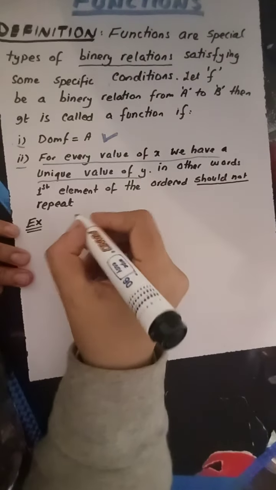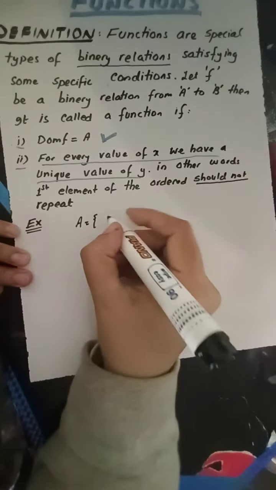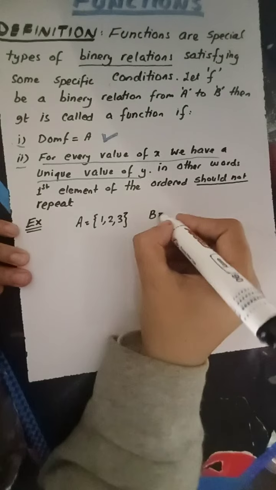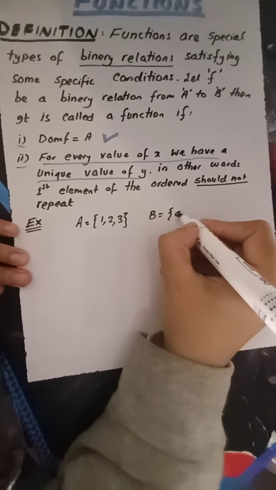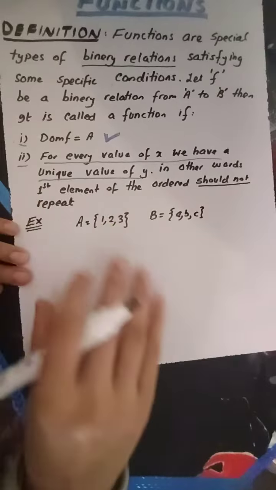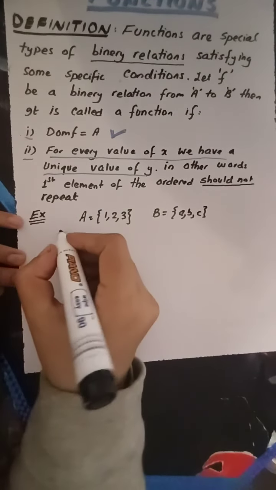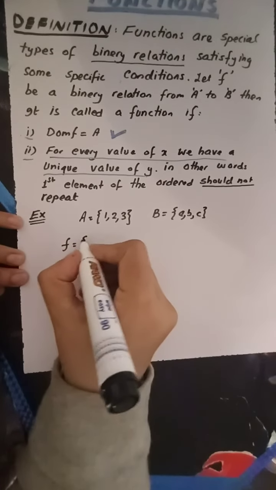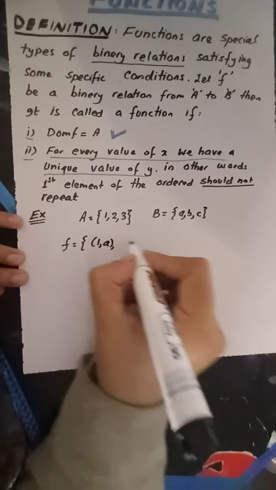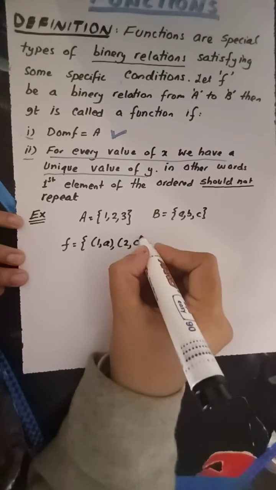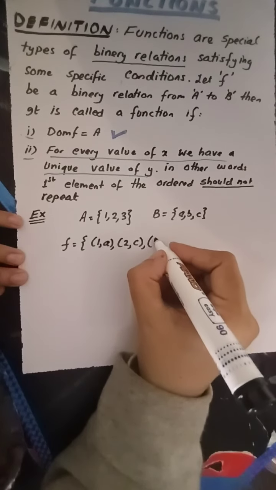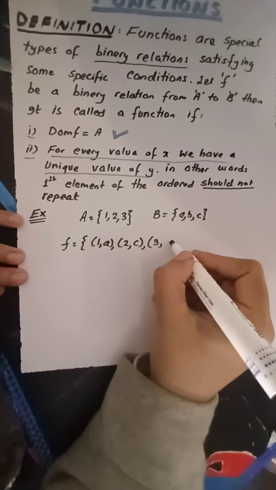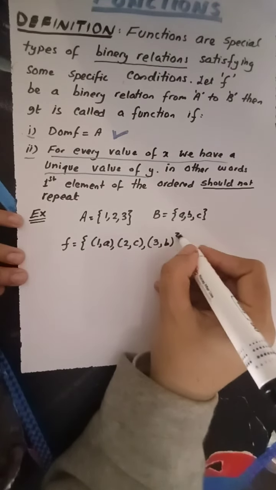Suppose we have set A equal to {1, 2, 3}, and another set B equal to {a, b, c}, and suppose you have a binary relation F, let it be (1, a), (2, c), and (3, b).